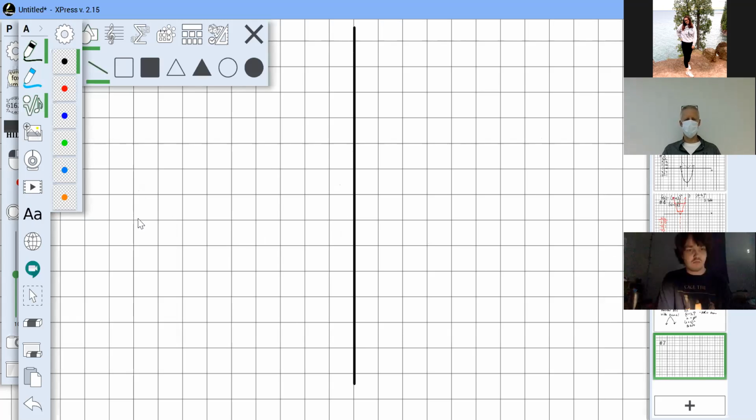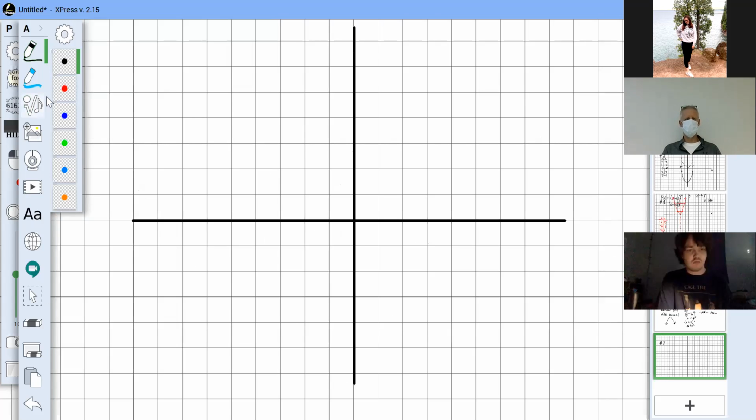Could end up making a parabola graph with really wide writing. Okay, so let's do -2 times x minus 1 squared minus 3.